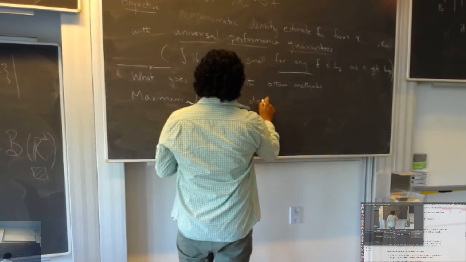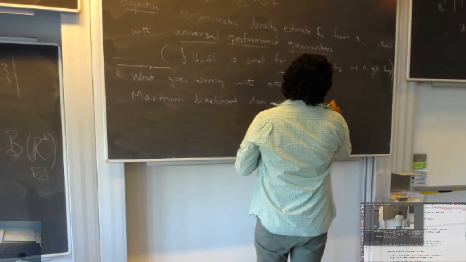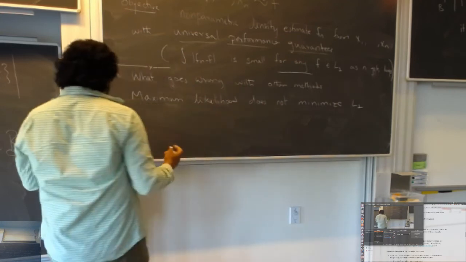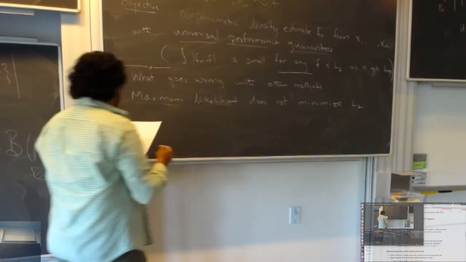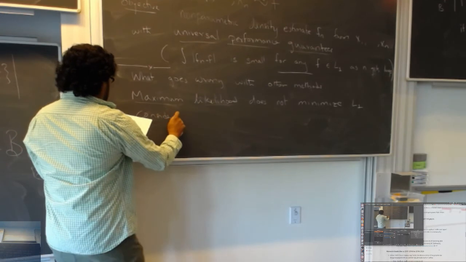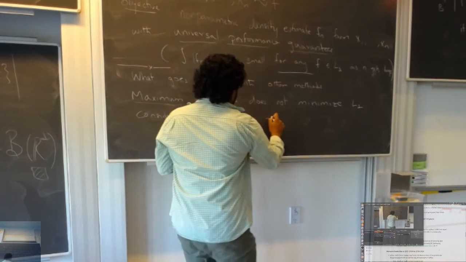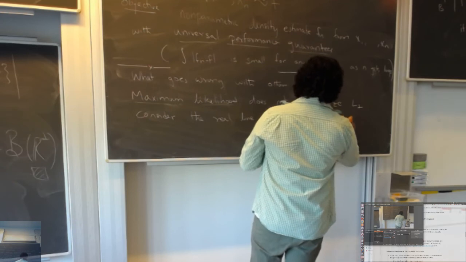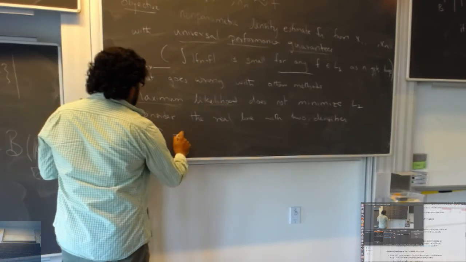does not minimize L1. We'll just do it by one counterexample. Consider the real line with two densities. One is going to be f0, which is just going to be half.